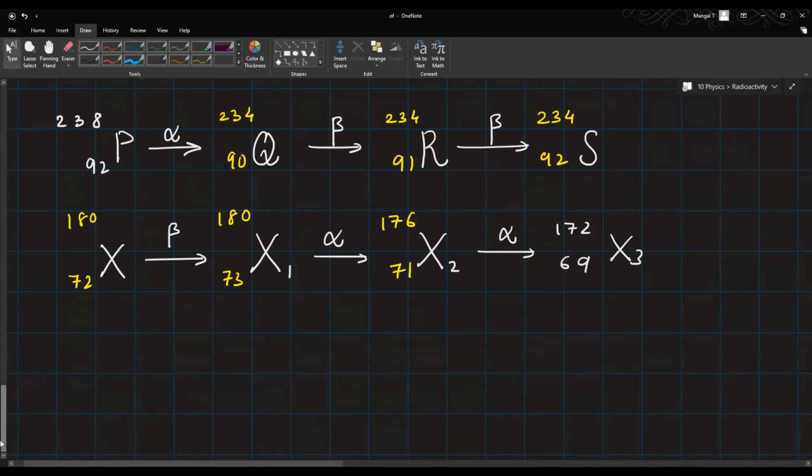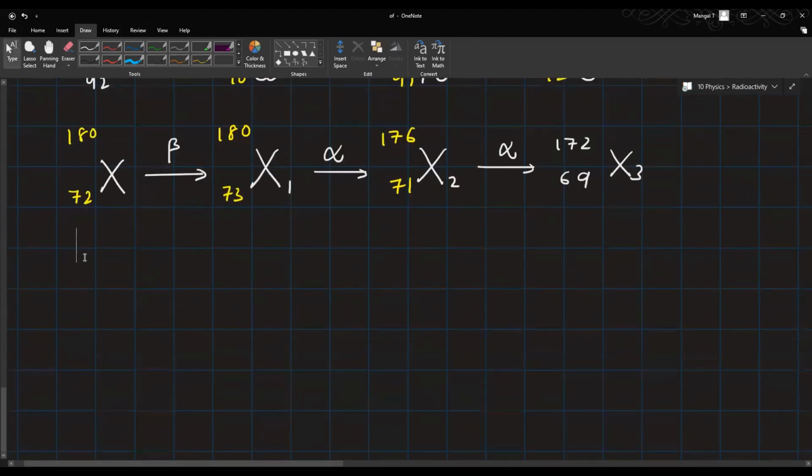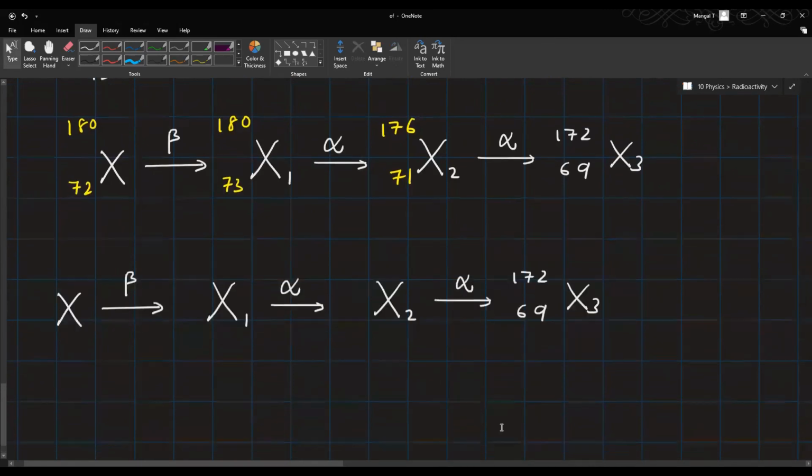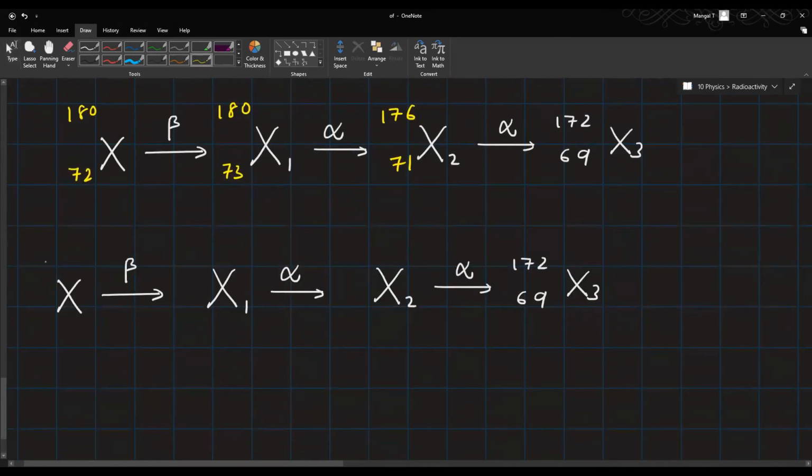Now, if you don't wish to work it this way, what you can try is, suppose this is, let's say, X and Y. So this is beta. So that will be X and Y plus 1. Now alpha will be X minus 4 and you will have Y minus 1.